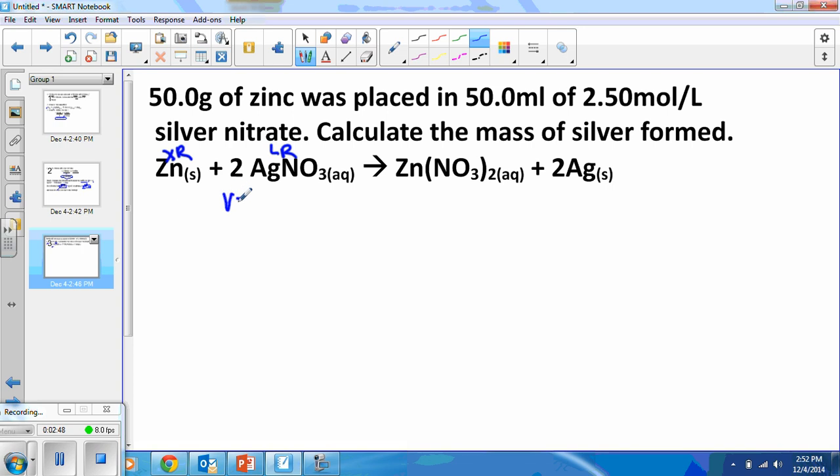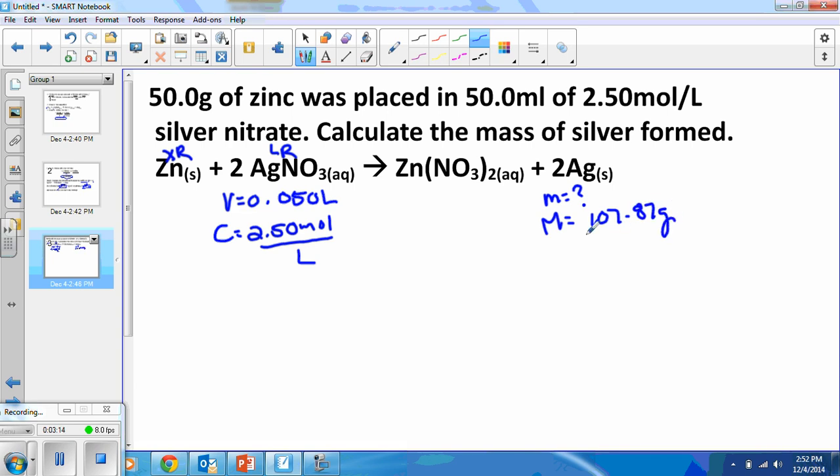So my volume is 0.050 liters, and my concentration is 2.5 moles per liter. My information that I'm looking for is what's the mass of silver. I know the molar mass of silver is 107.87 grams per 1 mole.